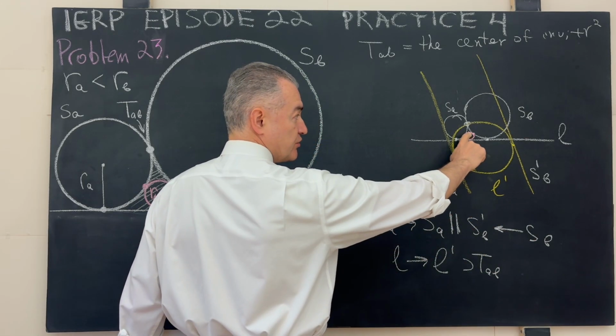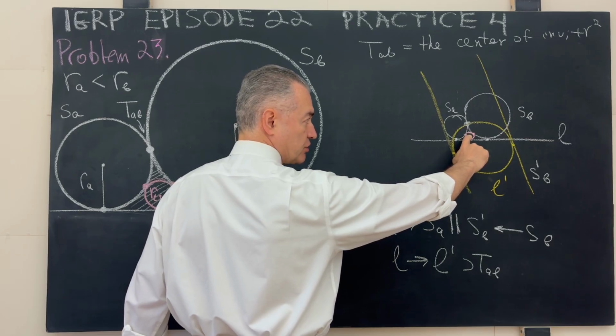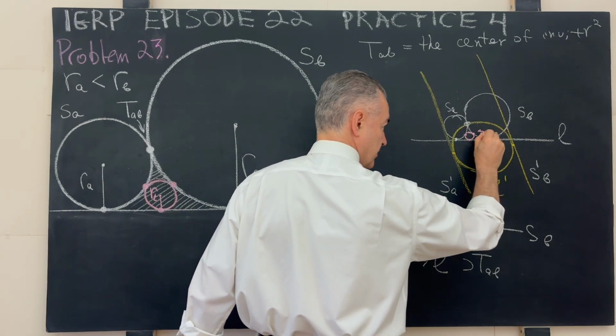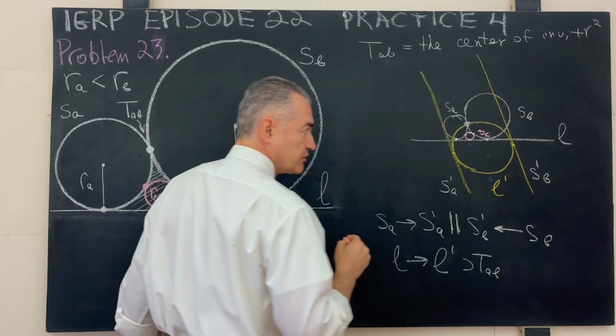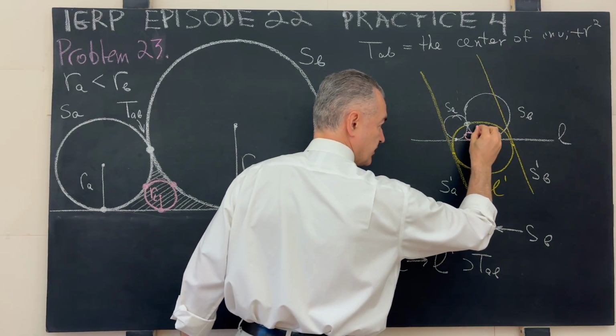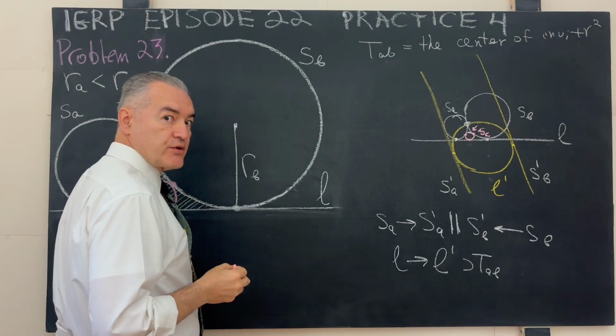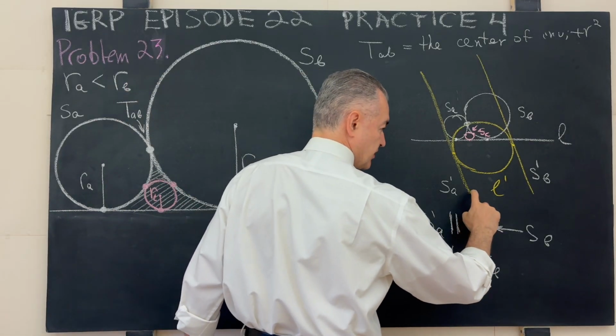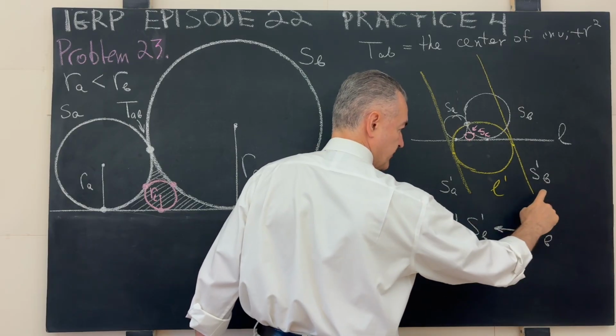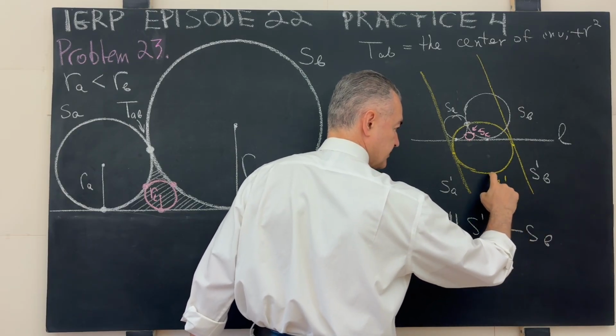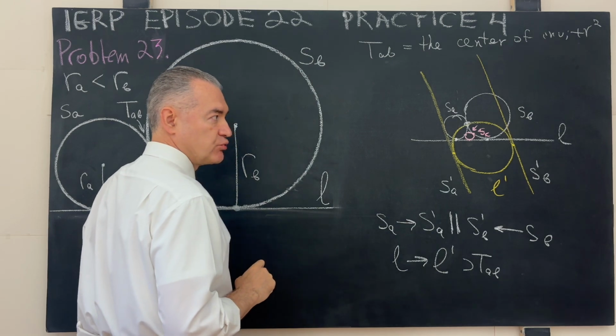And the image of the sought after circle SC, I'll write it down in small font, but hopefully you see it, the circle SC right here, will touch all three objects at once. It must touch the straight lines S prime A, S prime B, and it must touch the circle L prime.